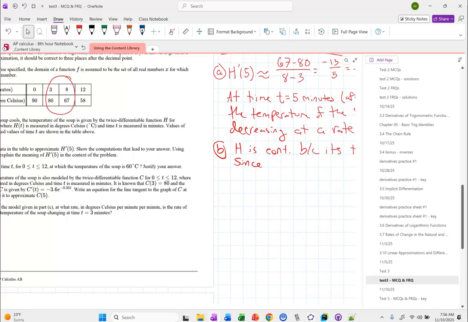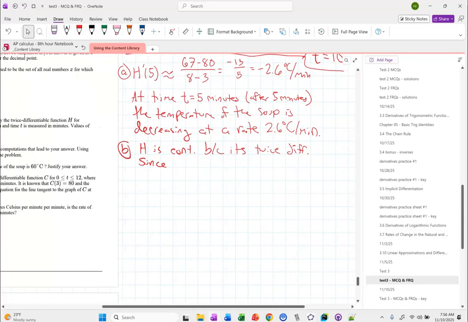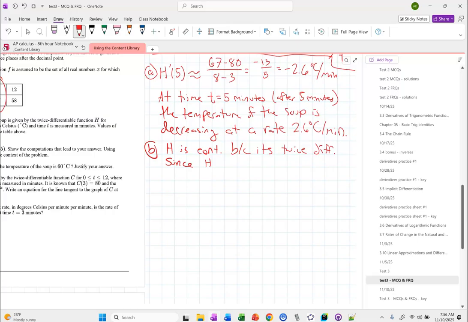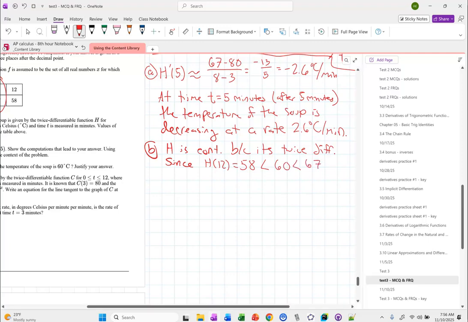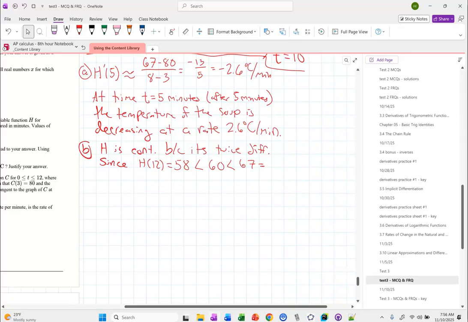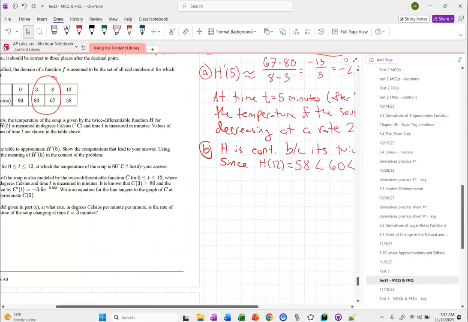So I'm going to say since h of 12 is equal to 58, which is less than 60, which is less than 67, which is equal to h of 8, right? Yep.